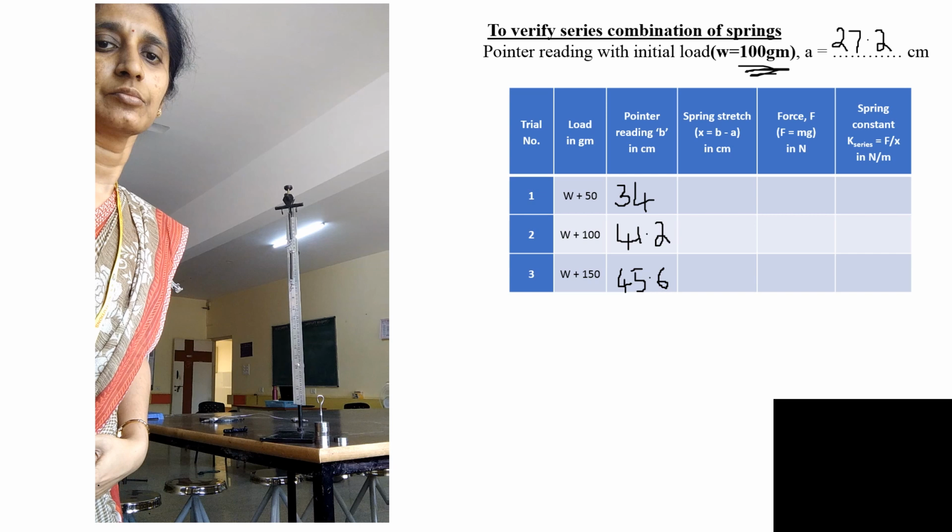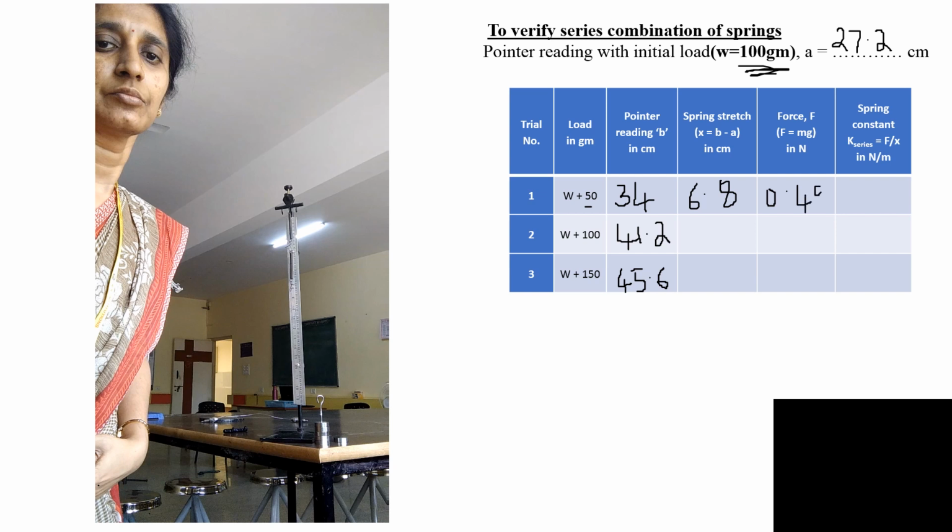Next we have to calculate the spring stretch as we have done in the previous case, that is P minus A. P minus A is 34 minus 27.2, which is 6.8. As the mass is the same, the force column remains the same as the previous, so it is 0.49.